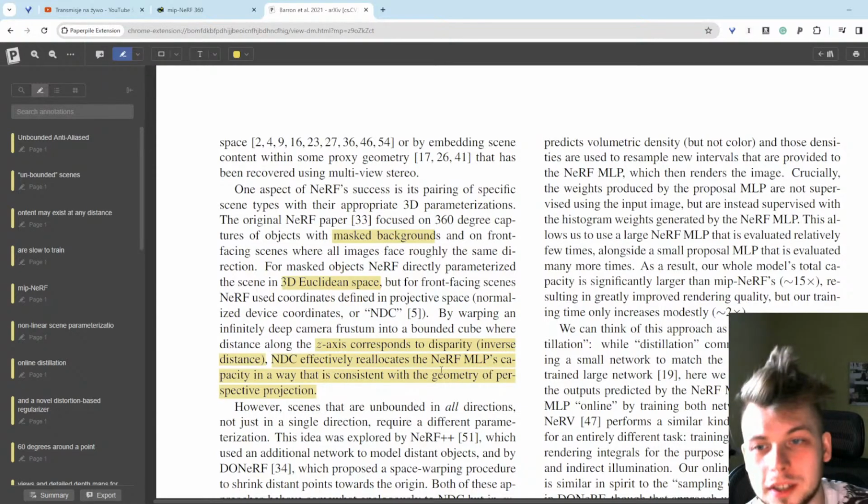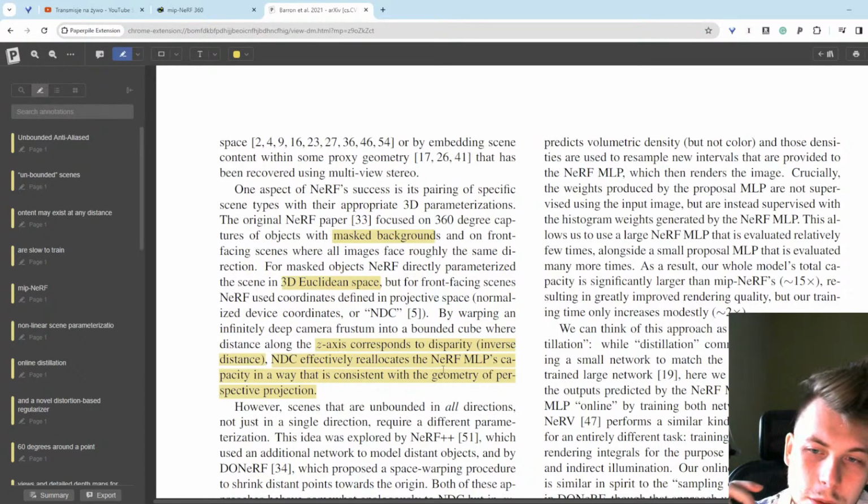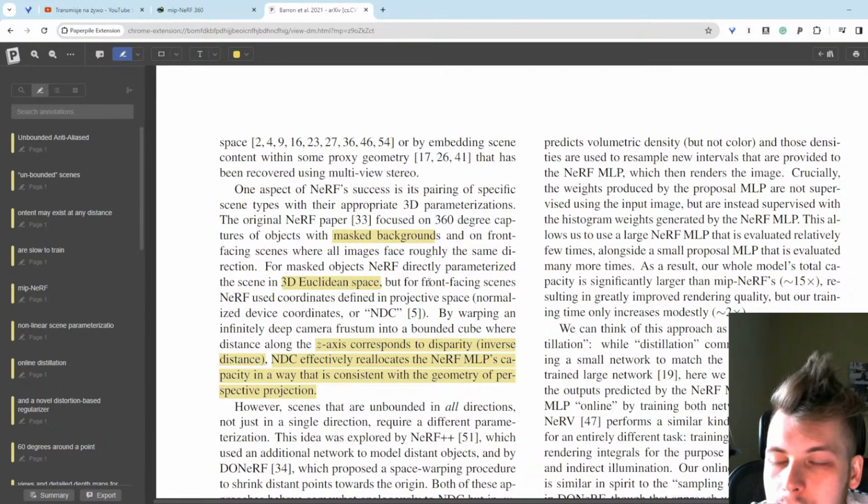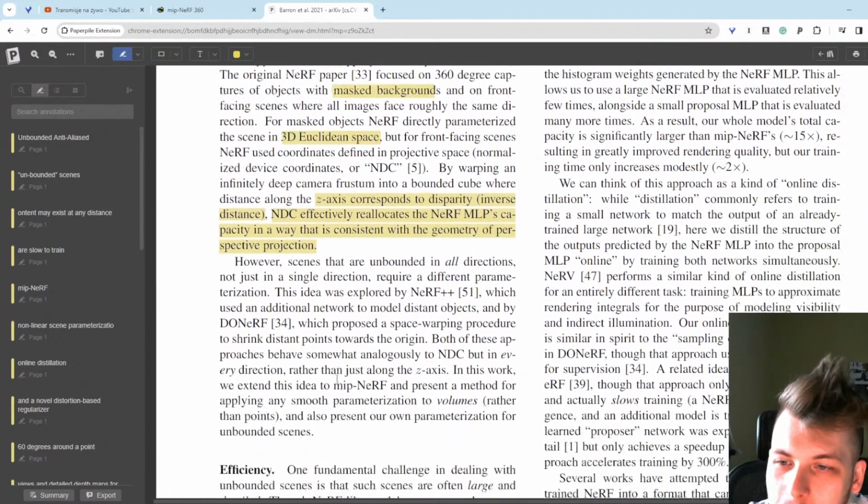We'll still enclose it in a cube, but it will provide more capacity in this local area, and then as the z goes further it will have less capacity, I think. Wrapping the infinitely deep camera frustum into a bounded cube where distance along the z-axis corresponds to disparity, inverse distance. Okay, cool.